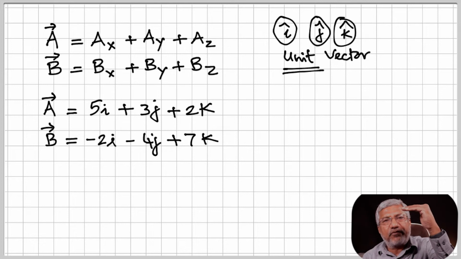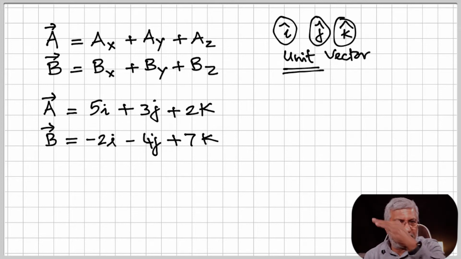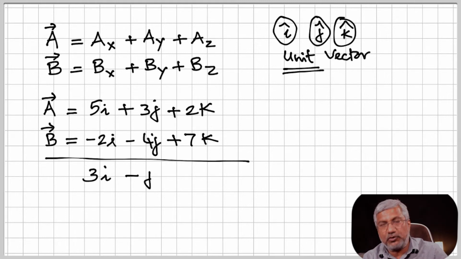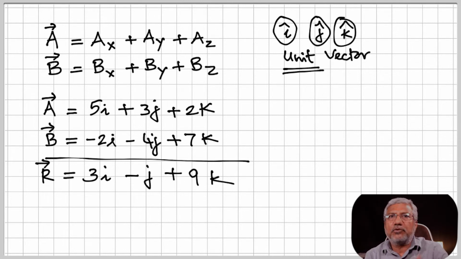Just add the coefficients of i, add the coefficients of j, and the coefficients of k. That's the easiest. So 5 minus 2, 3i, plus 3 minus 4, minus j, and 7 plus 2, 9k. So that is so easy. That is the resultant vector.